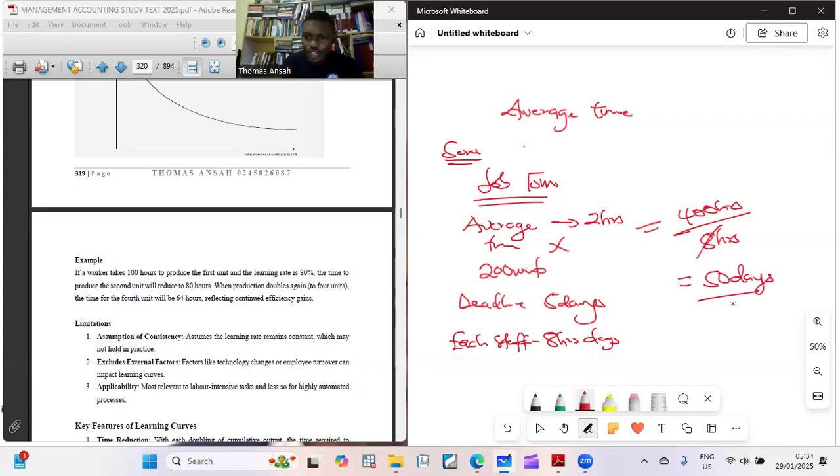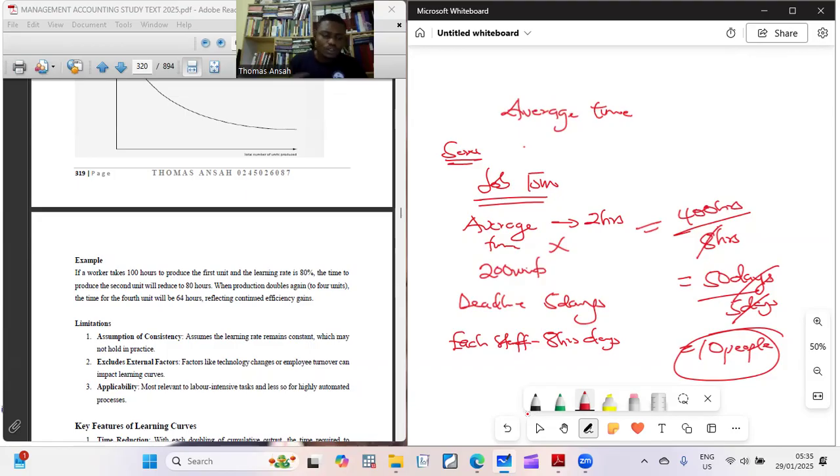And if I'm giving you a deadline of 5 days, then it means that you will need about 10 people to do the work. So basically that is, and that one will help them become efficient. Okay. So basically that is that.